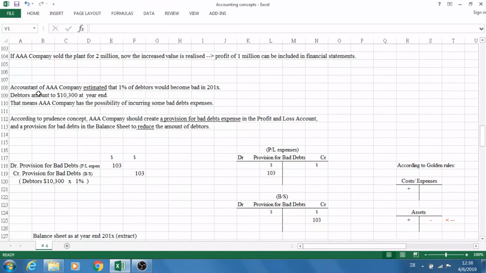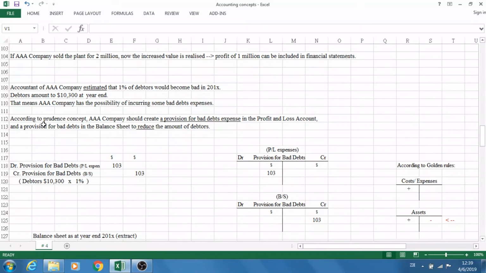The accountant of AAA company estimates that 1% of debtors would become bad in year 2010. Debtors amount to 10,300 at year end. That means AAA company has the possibility of incurring some bad debt expenses because 1% of debtors may not be able to repay their debts to the company.